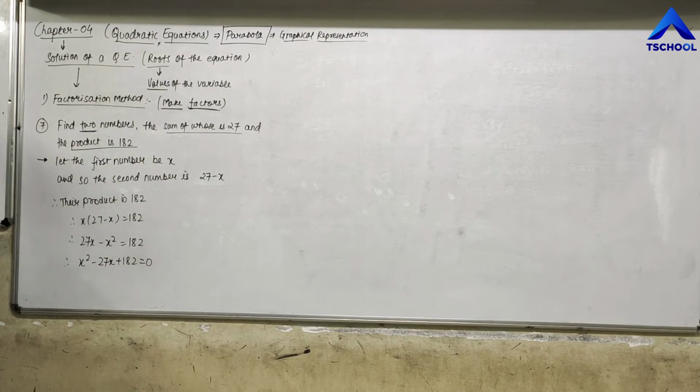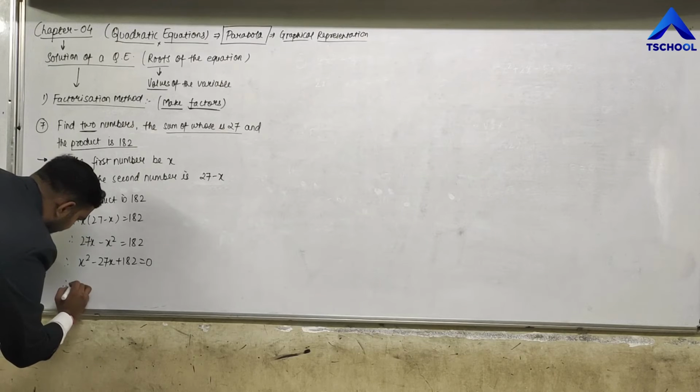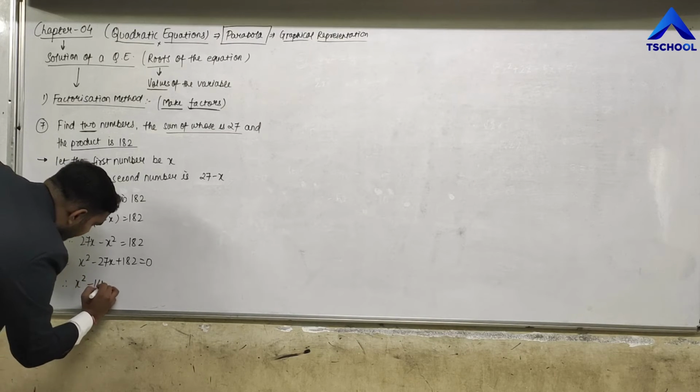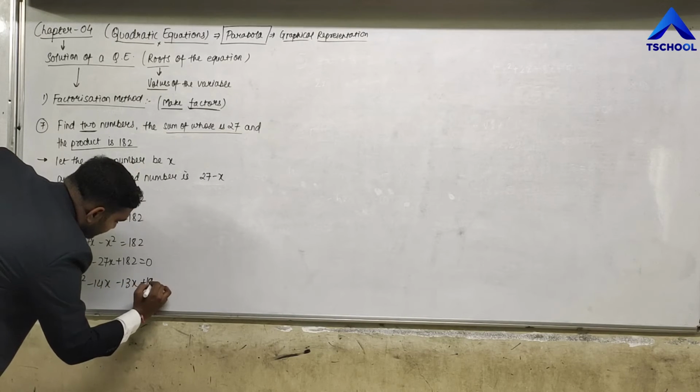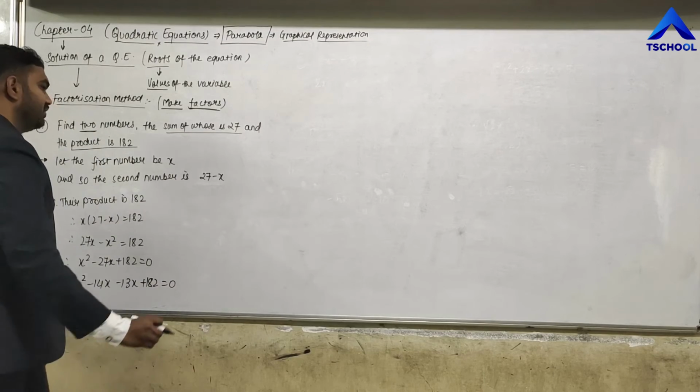I think the factors are 14 and 13. Yes or no? Right, the factors are 14 and 13. Therefore, let us write down x square minus 14x minus 13x plus 182 equal to 0.